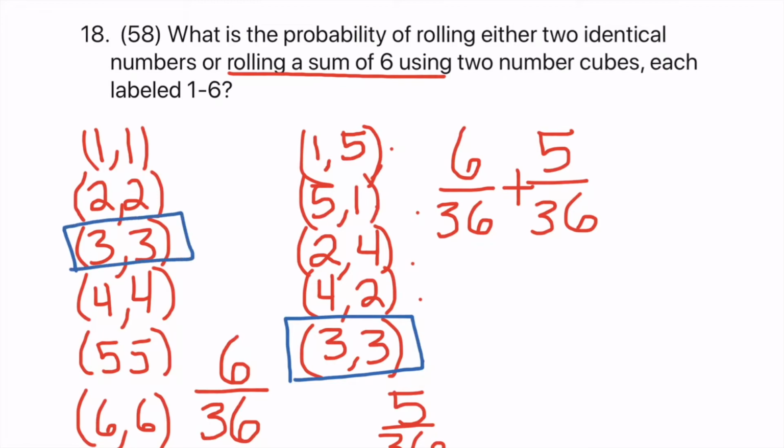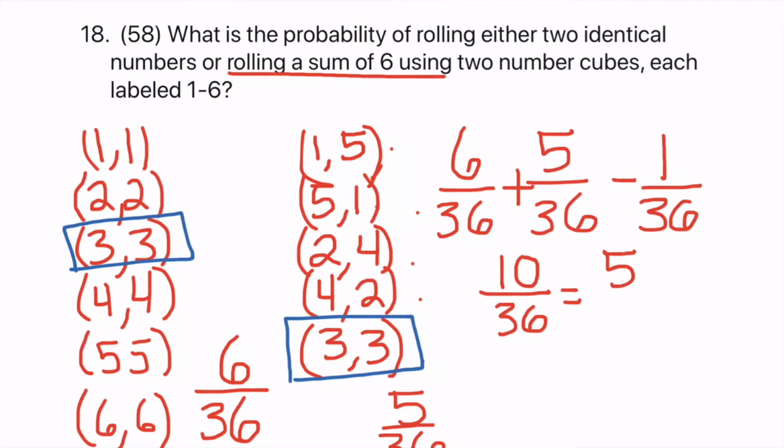So we don't want to count them twice. So we need to make sure we subtract one of those out of there. So now we can add and subtract all these together. So 6 plus 5 is 11, but minus 1 is 10 out of 36. We can divide both of these by 2, and that would give us 5 over 18. And that is your probability.